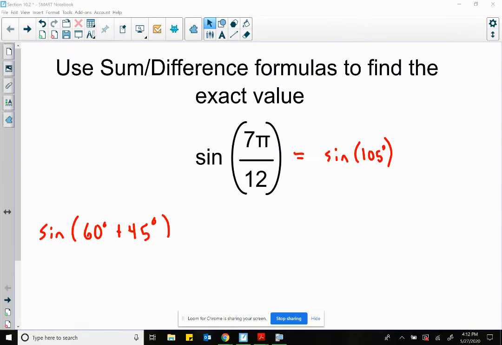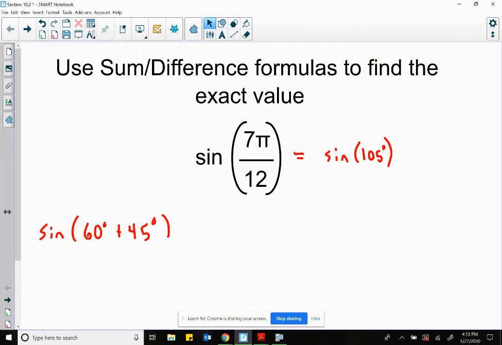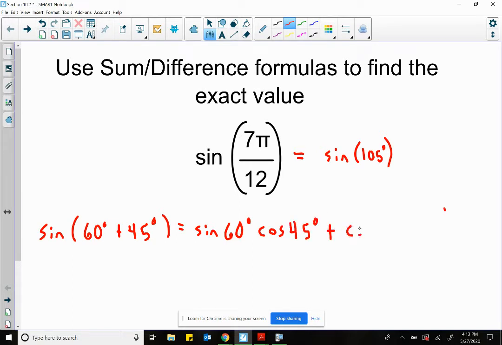The addition formula says sine of my two angles is going to be sine A cosine B plus cosine A sine B. So we're going to run sine A, cosine B, plus cosine A, which is 60 degrees, sine B. Oh, not the actual letter B, but 45 degrees, because this is like my A plus B. And we know all these answers.